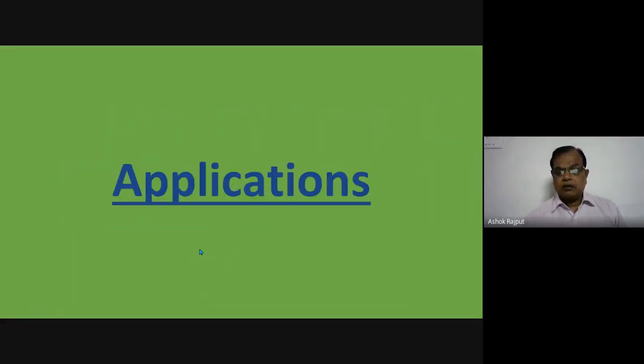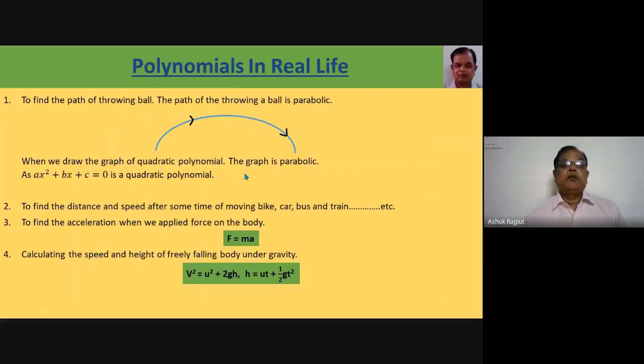Applications, as you are seeing here. Next, polynomials in real life to find the path of a thrown ball. The path of a thrown ball is parabolic. What is parabolic? As you are seeing in this picture, it is the parabolic path.